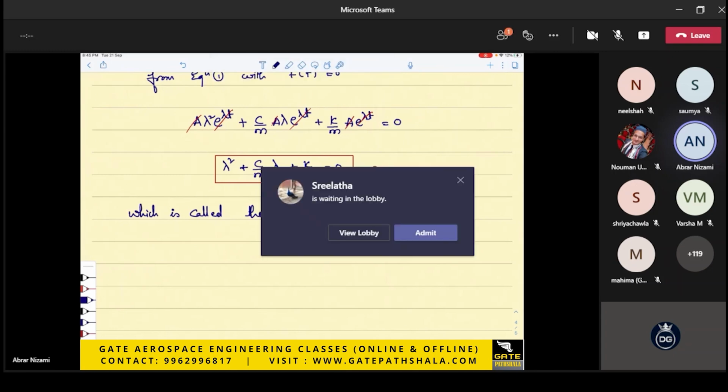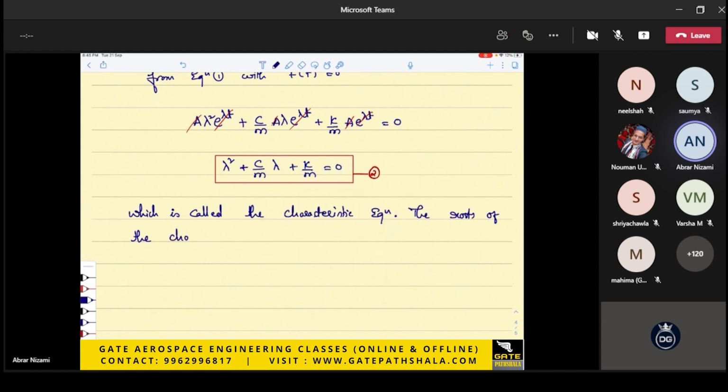The roots of the characteristic equation are called the characteristic roots or eigenvalues of the system.